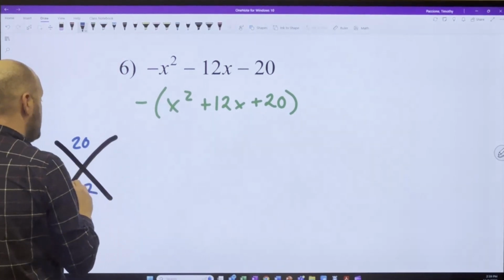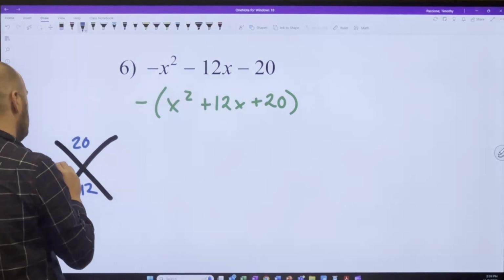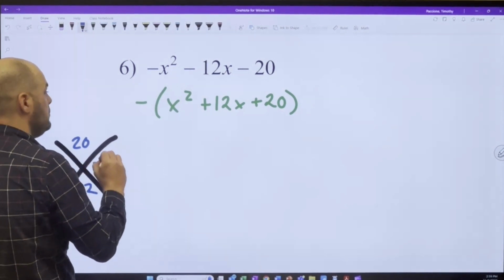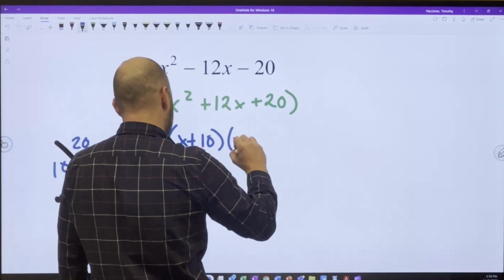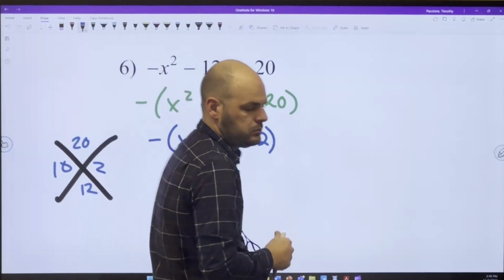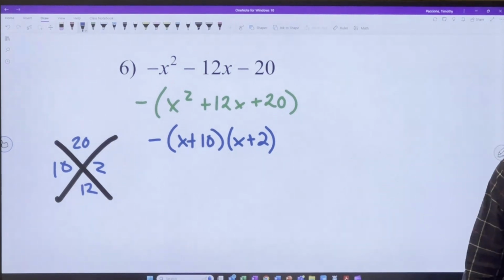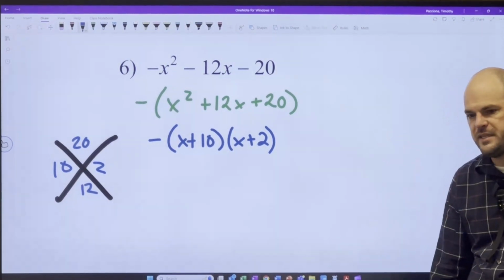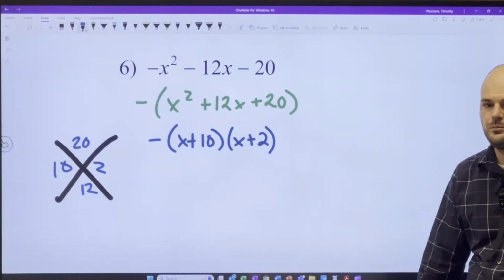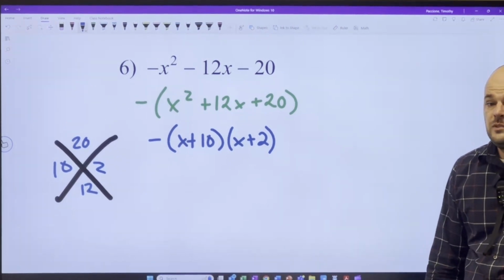Two numbers that multiply to give me 20, add to give me 12. 10 and 2. So this is negative x plus 10, x plus 2. You could put a -1 out front. I wouldn't take off, but this is simplified.